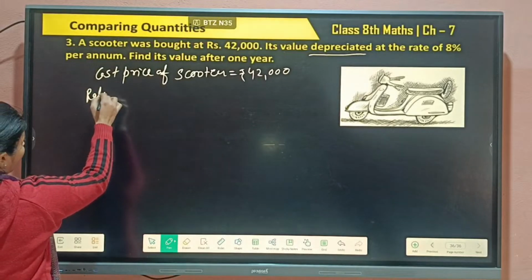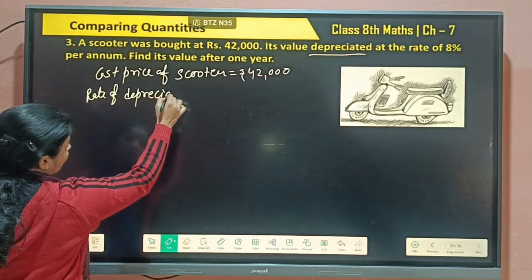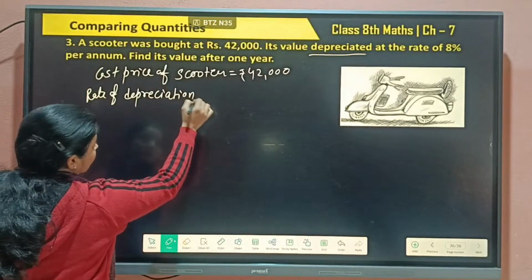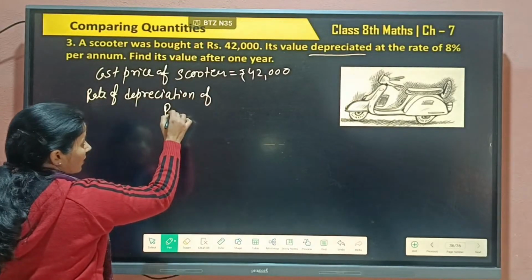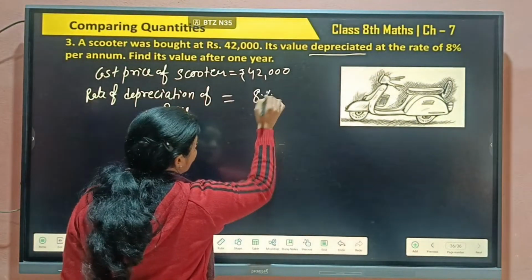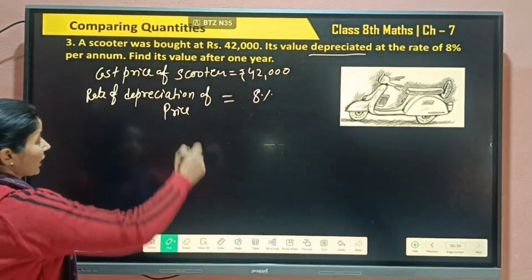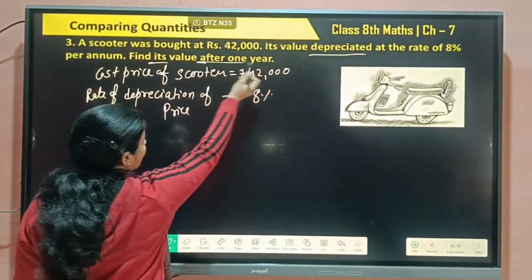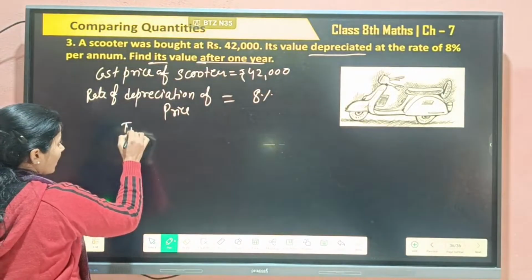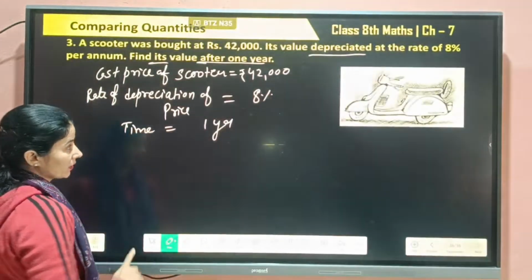The rate of depreciation of the price of the scooter is 8%. We need to find its value after 1 year. Time is 1 year.